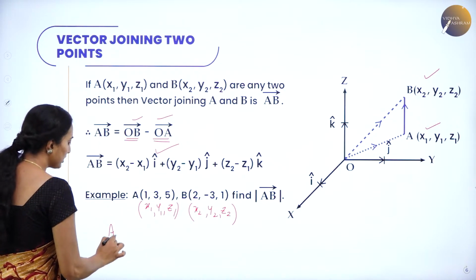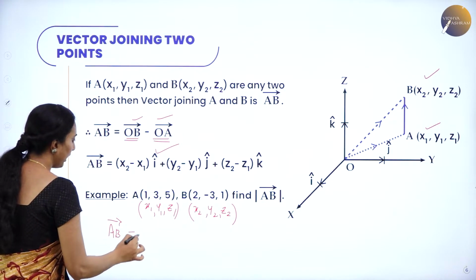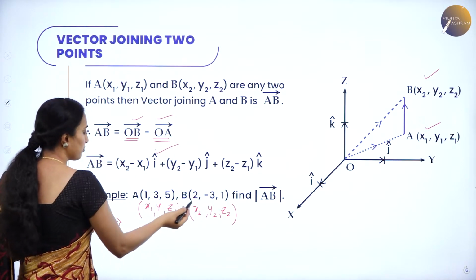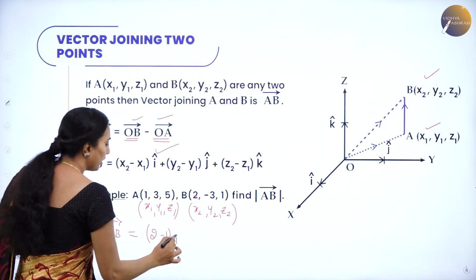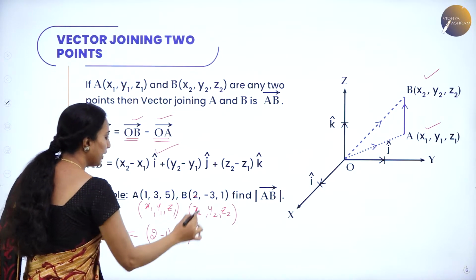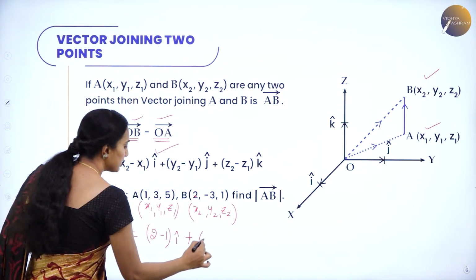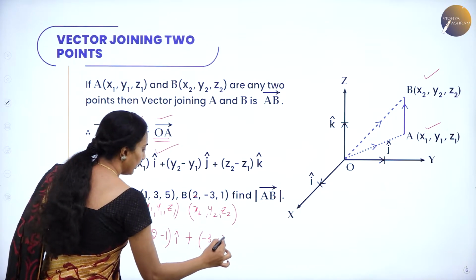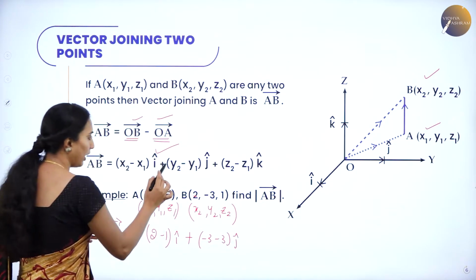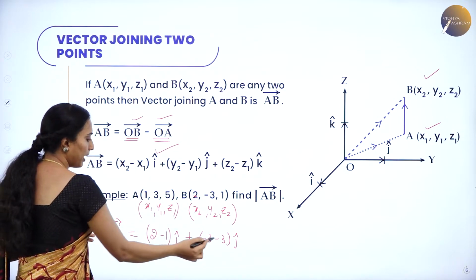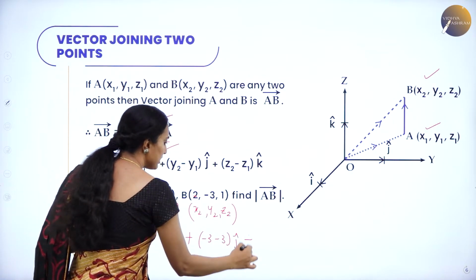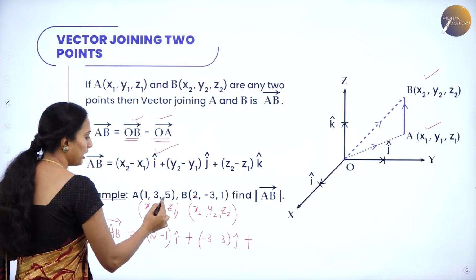So AB vector is given by x2 minus x1, which is 2 minus 1, I am writing 2 minus 1 into i cap, plus y2 minus y1, that is minus 3 minus 3 into j cap, correct? Because y2 is minus 3, minus y1, which is 3, so minus 3 minus 3 into j cap, plus again you are having 1 minus 5.